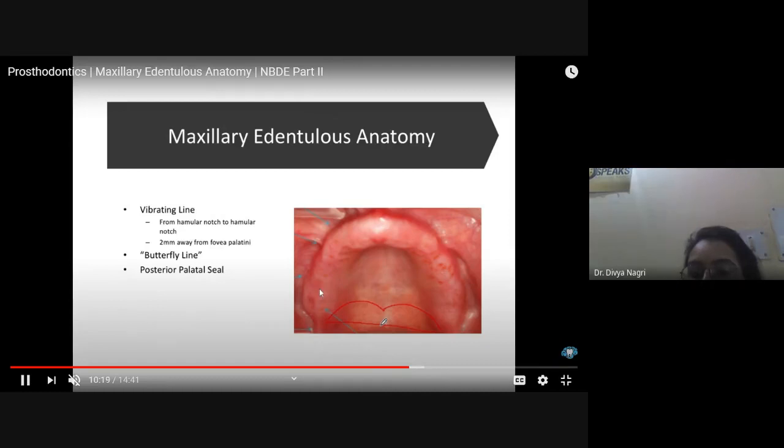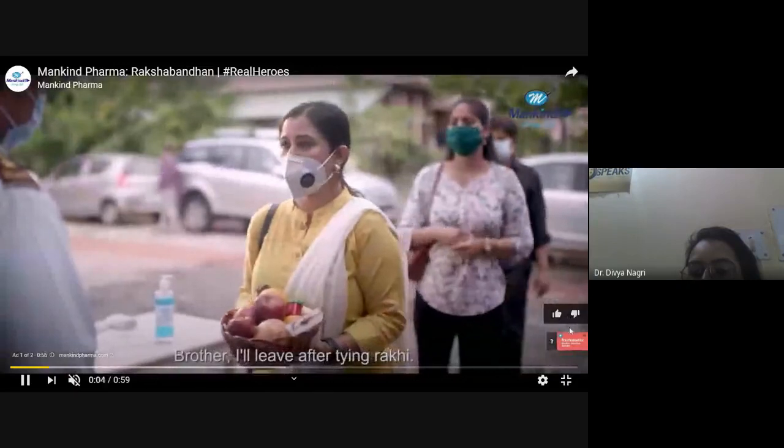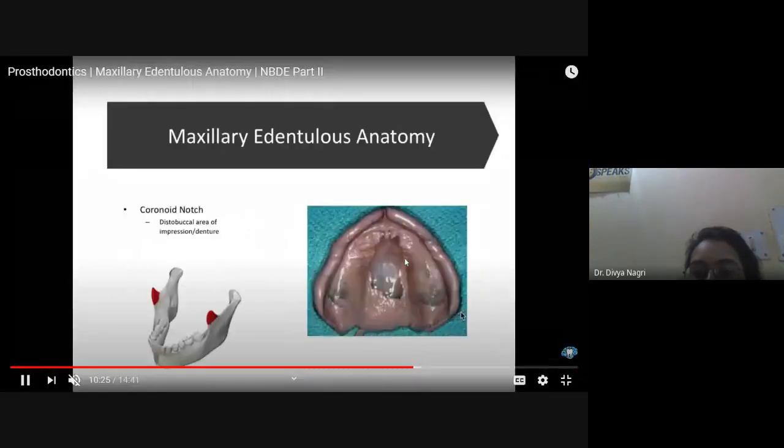You have to see the alveolar ridge. You have to see that the alveolar ridge is smooth. It is not having any bony projections. It is clear. Fine. Then is the coronoid notch.